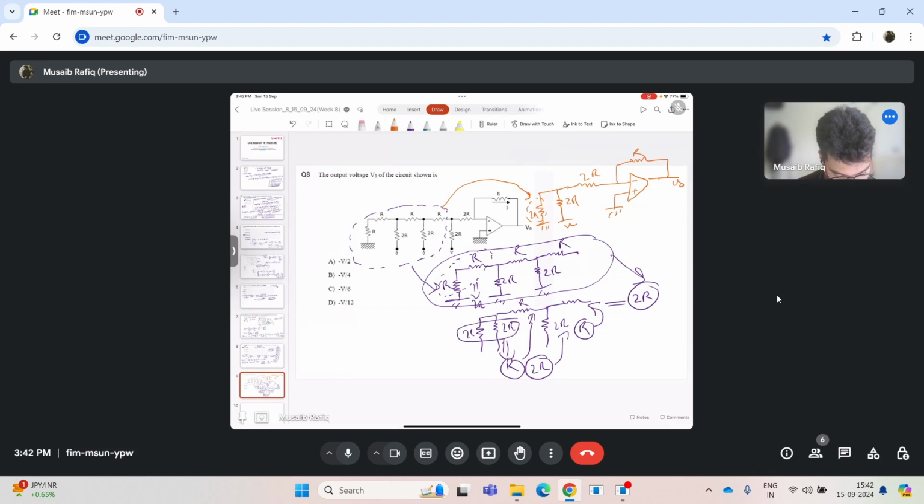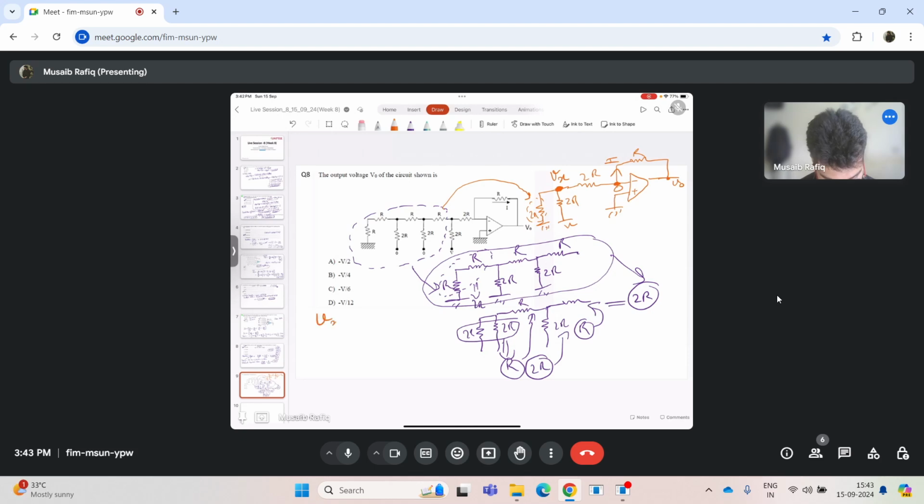Now let's do analysis for this thing. Just a second. Let's term this point as Vx. This is at 0 due to virtual ground, and this is your output. And the current is going through this, I. So let's write the equations here.